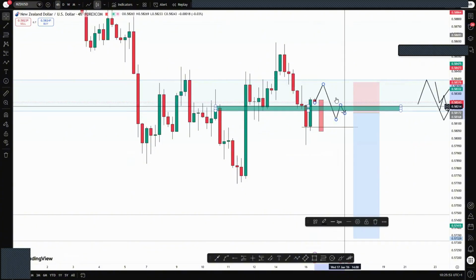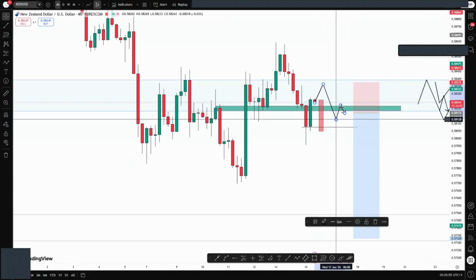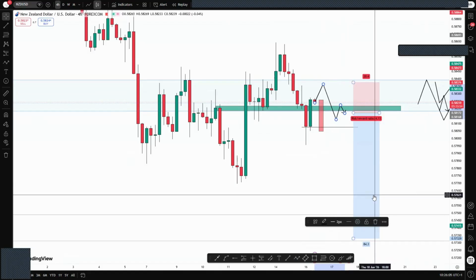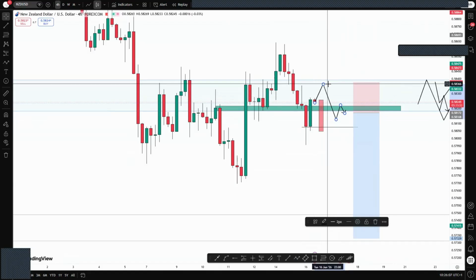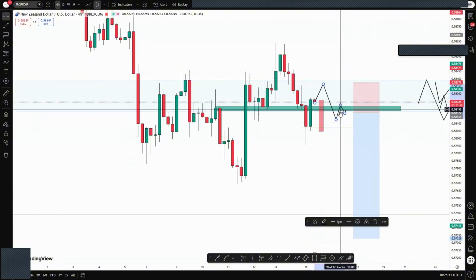So in short, we need 1, 2, 3, 4 candlesticks. And this is 5 a.m. So this is the first one gone. And you only have 2 candlesticks to end the day.